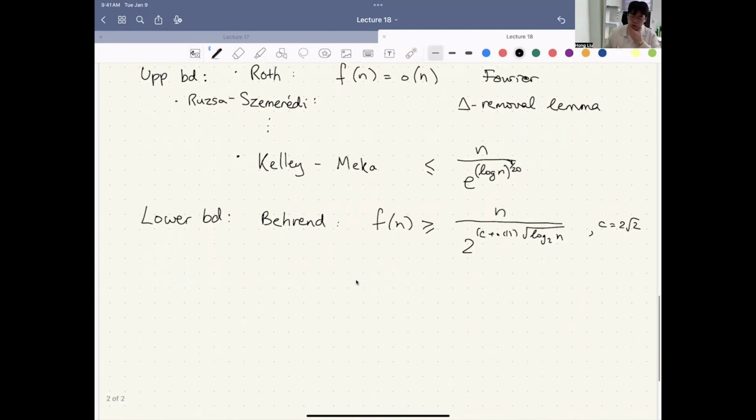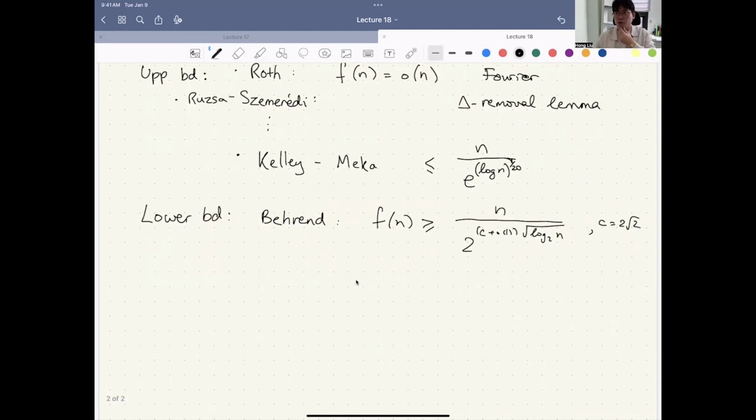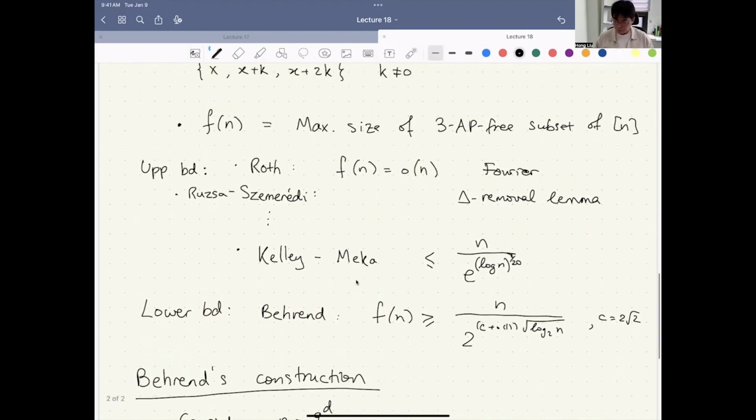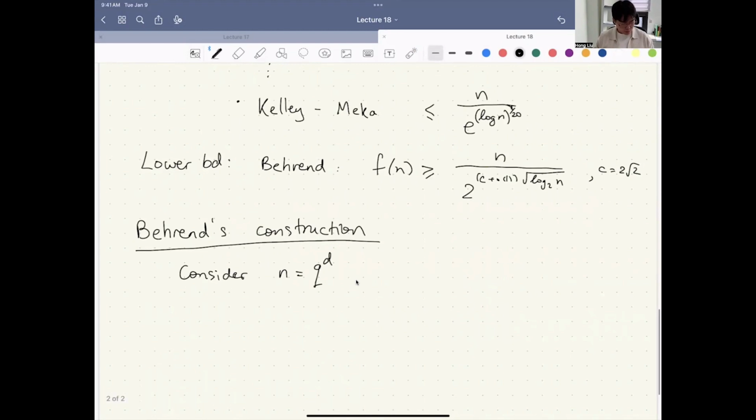I will only sketch a proof of Behrend's construction. How it works is, let's consider a number n of the form q to the d, where q is a prime.